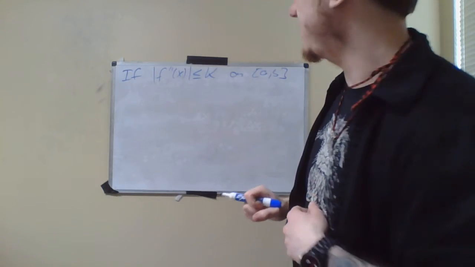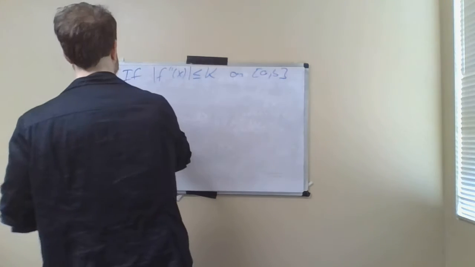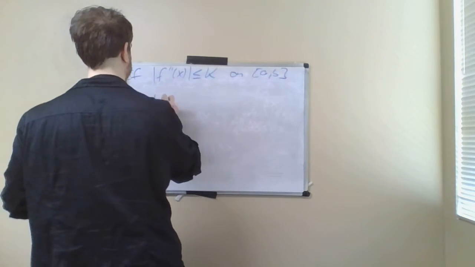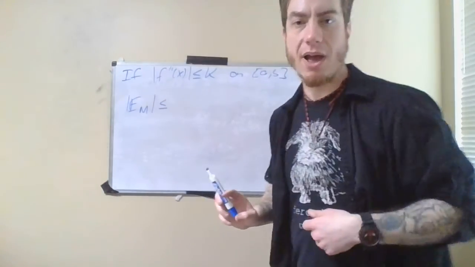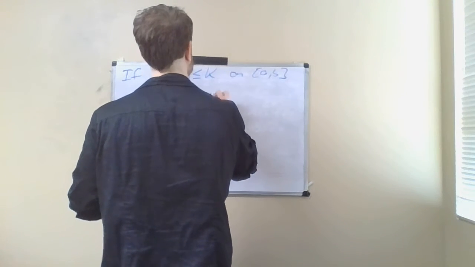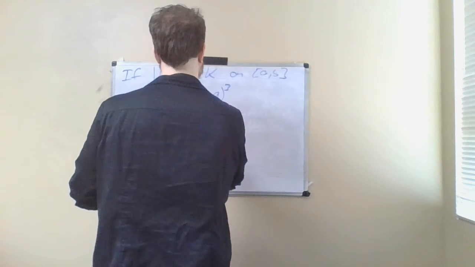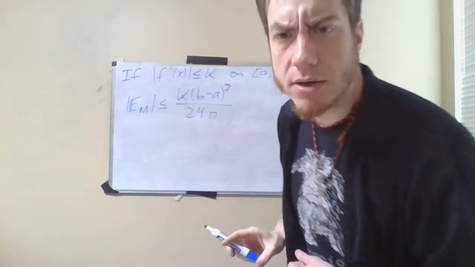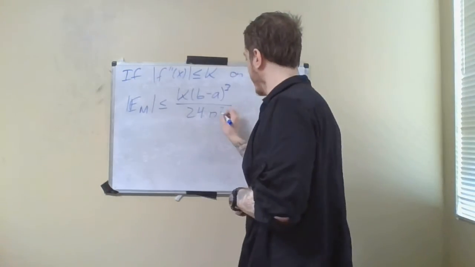Then we can say that the absolute value of the error for the midpoint rule is less than or equal to k times (b minus a) cubed divided by 24n squared.